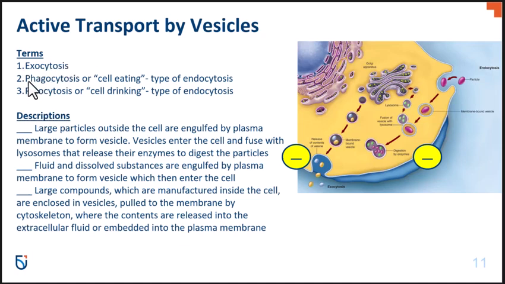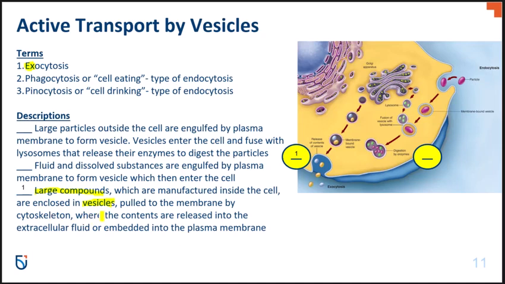We know that exocytosis, that EX, is referring to the exiting of substances or leaving, either going to the cell wall to be integrated into the cell wall or leaving the cell. We call that exocytosis. So what we have here are larger compounds that are manufactured in the cell, put into a vesicle or a container, and they're going to reach the cell membrane.